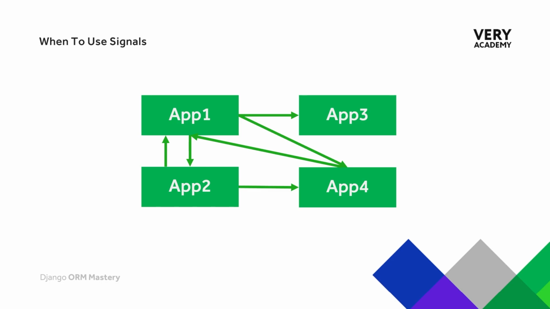You can see these lines here represent where there are dependencies between different apps. Having such a tight cross-application dependency can cause problems when developing applications and when testing the application, because apps are very much tightly dependent upon other apps to work correctly.